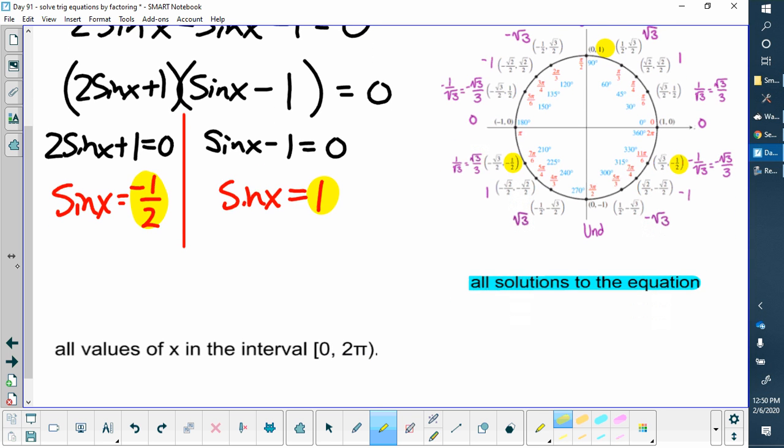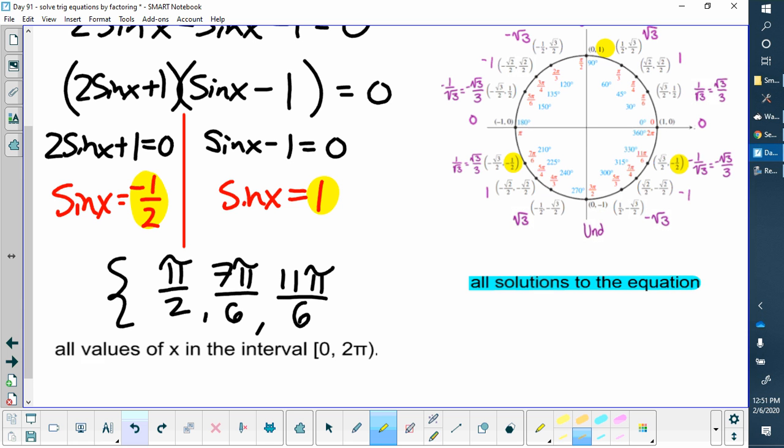Now, technically, these can be in any order, but I'm going to put them in order as if I were starting from 0 and going in the correct direction of the unit circle, in a counterclockwise rotation. So I'm going to start off in radians, pi over 2, which is technically 90 degrees, 7 pi over 6, and 11 pi over 6.